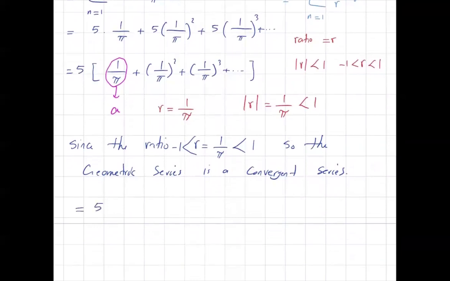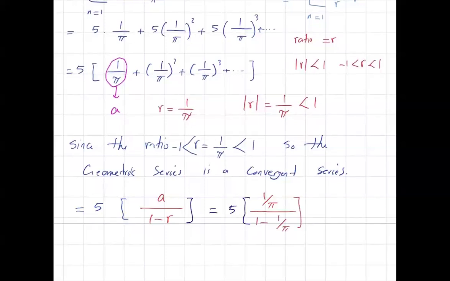So this can be written as 5 times your geometric series, which is convergent to a divided by 1 minus r. Your 5 is multiplied by a, which is 1 over pi, divided by 1 minus 1 over pi.